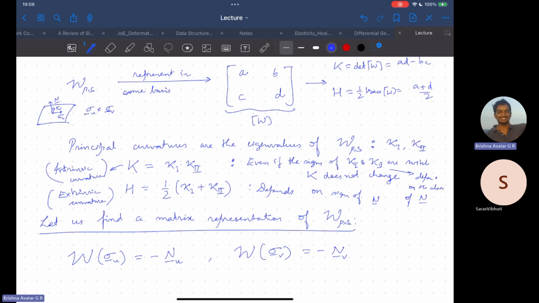However, you could also have changed the parametric sense, because here it's assumed to be a right-handed coordinate system. If you choose a parametric space in such a manner that it's sigma_v cross sigma_u, then it's going to be minus of sigma_u cross sigma_v. It will be minus n, so it's pointing downwards. So the thing is, we can only know the normal vector up to plus or minus n.